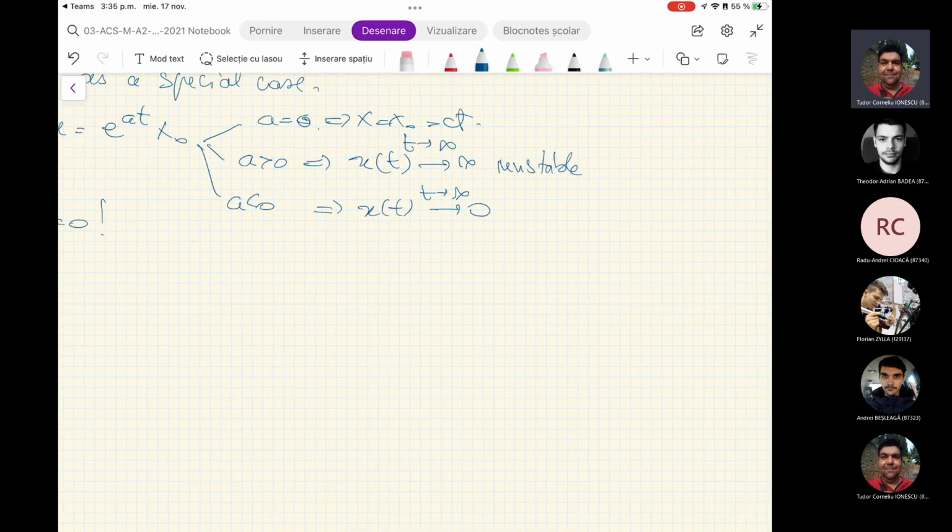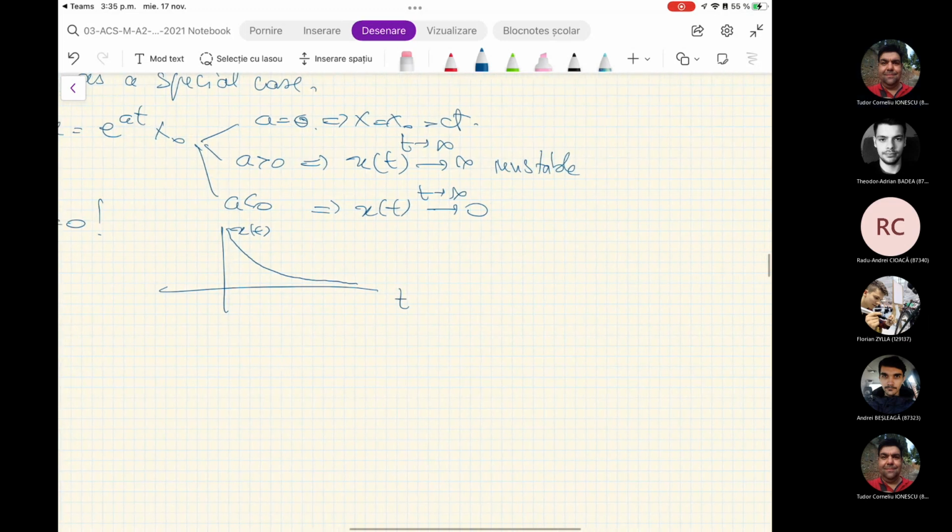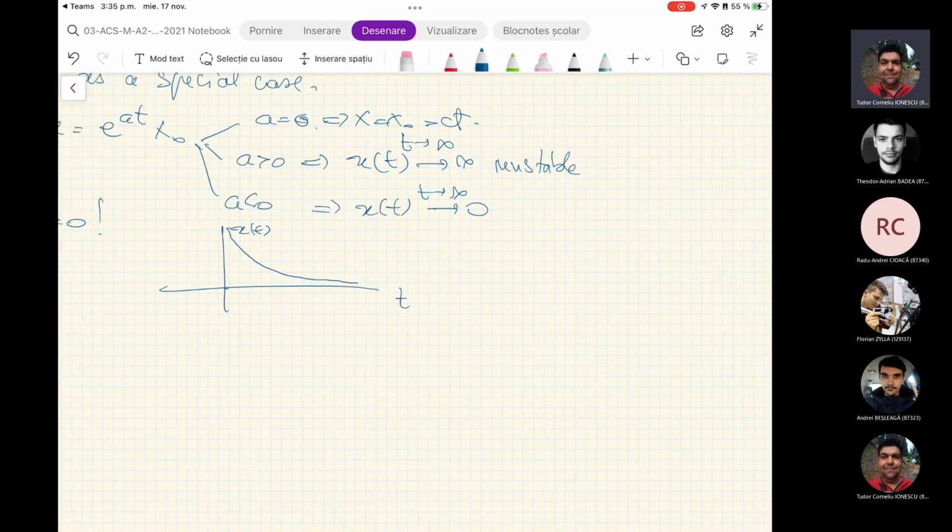So for a negative, 0 in this case is an asymptotically stable equilibrium point, and we can show this in the plot. This is the reference trajectory. It's asymptotically stable.